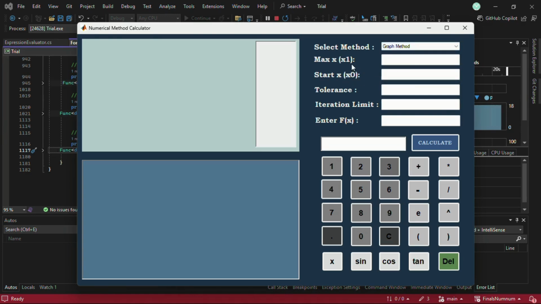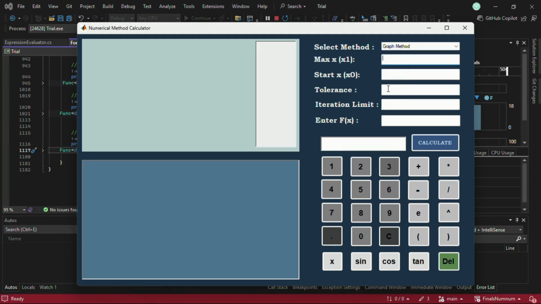Graph will ask the maximum limit and the start of the graph.